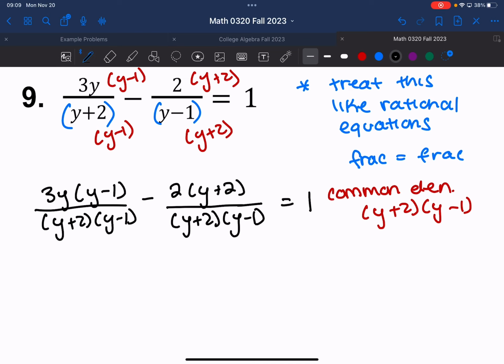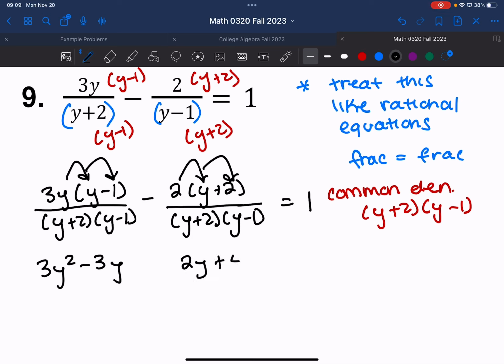Before I combine the numerators, I am going to go ahead and distribute those numbers outside the parenthesis. Okay. So I have 3y squared minus 3y, minus 3y. And then on this one, I have 2y plus 4.